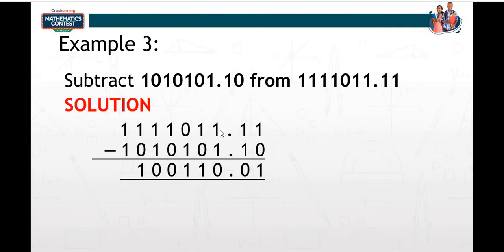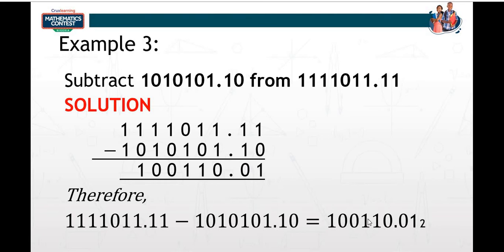Bring down the decimal. 1 minus 1 is 0. 1 minus 0 is 1. 0 minus 1 cannot, borrow here. Call it 2. 2 minus 1 is 1. Nothing is remaining here, so we have 0. 1 minus 1 is 0. 1 minus 0 is 1. And this is also 0. So we end up having 1, 0, 0, 1, 1, 0.01.